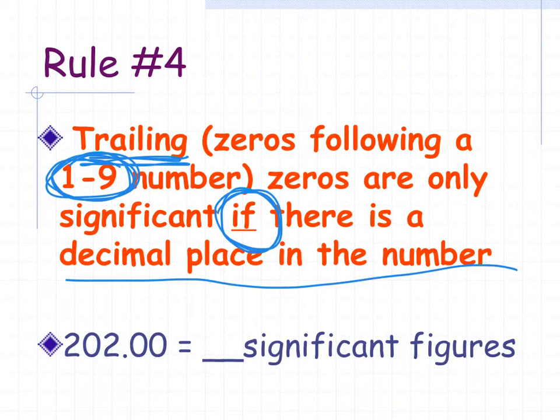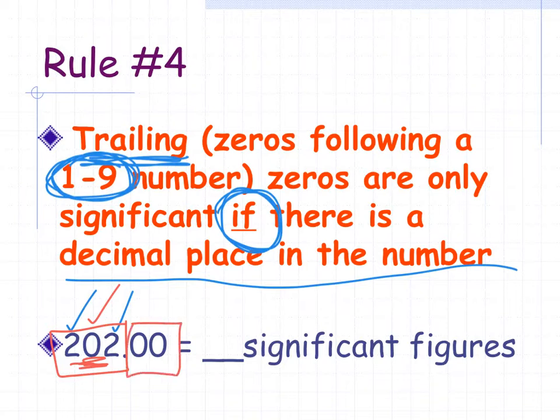Don't worry, we have tons of examples. So in 202.0, we already know that the 2's are significant. Hopefully you remember that this 0 is sandwiched between the 2's, so it's a sandwich 0.